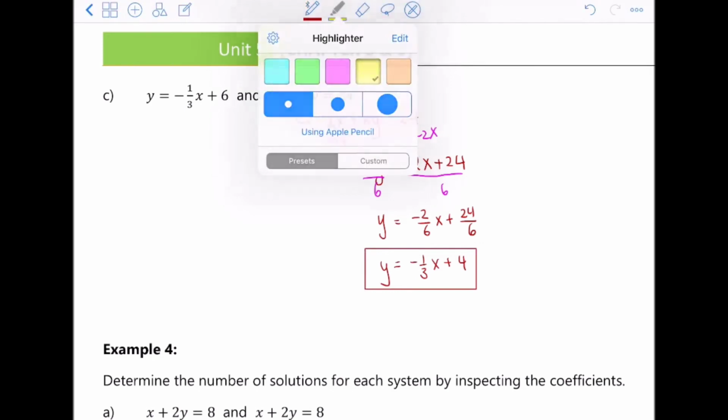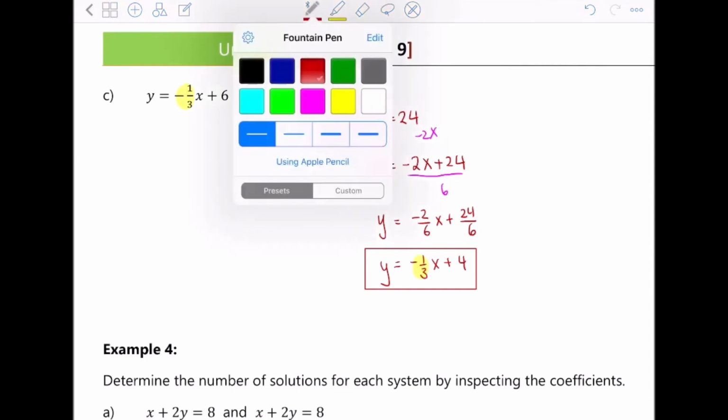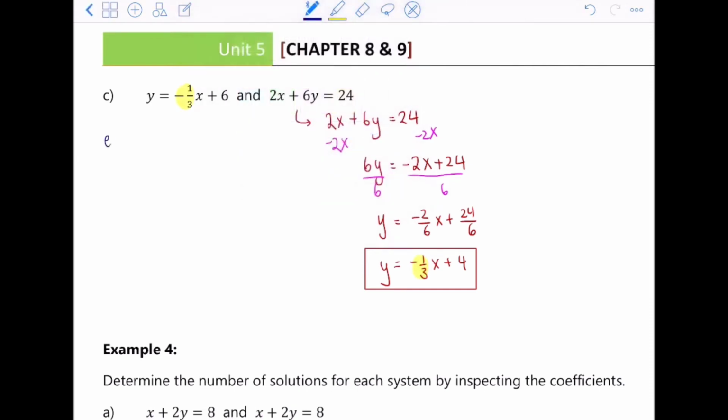Alright, so this time we're going to take a look at slopes again. So here it is. Equation 1, slope is -1/3, and equation 2 slope is also -1/3. So it's either parallel or overlapping.